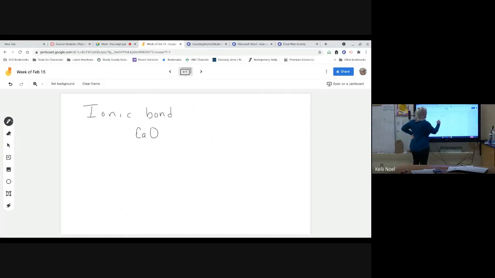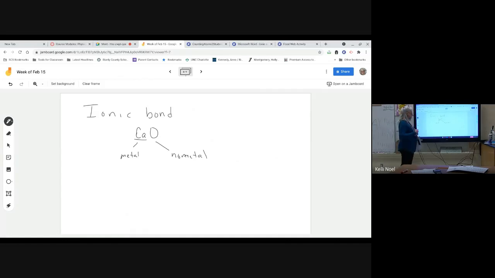You're going to see that Ca is a metal because it's on the left-hand side. You're going to see that O is on the right-hand side. It is a non-metal. And so this would be an ionic bond. Okay?